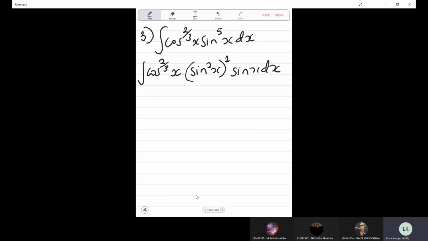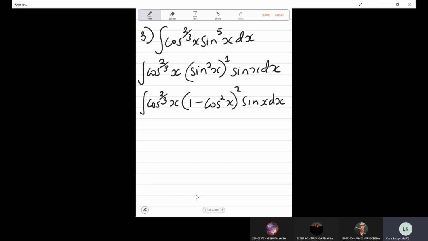So that sine squared squared is sine to the power of 4. And then when I multiply it with another sine, I have sine to the power of 5. Then the sine squared, we write it as 1 minus cos squared. So this is the integral of cos 2 over 3 of x, 1 minus cos squared x, squared, sine x dx.